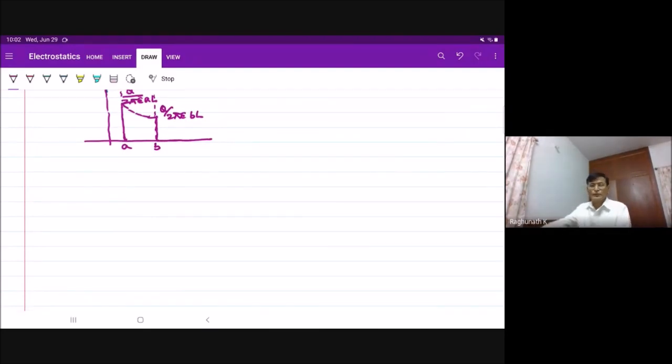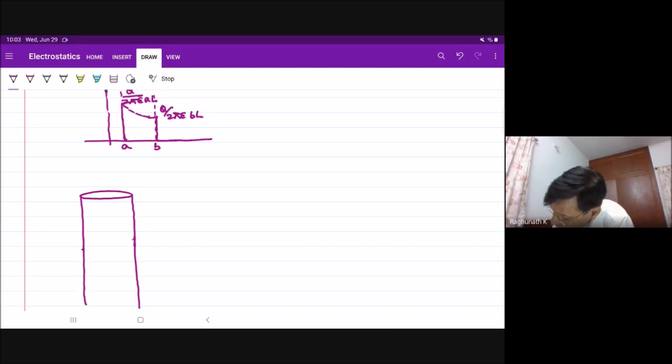A hypothetical application: a cylindrical volume charge of infinite length and radius A, where rho V is the volume charge density.